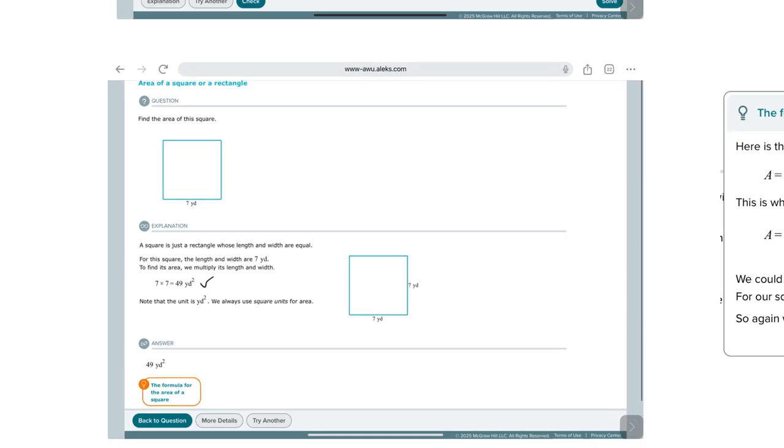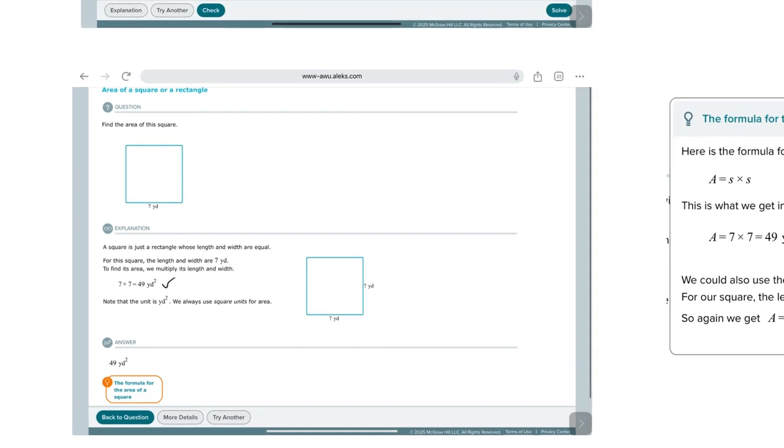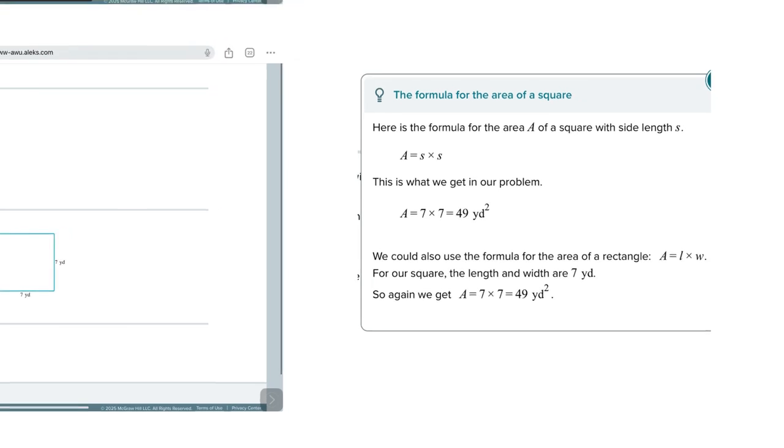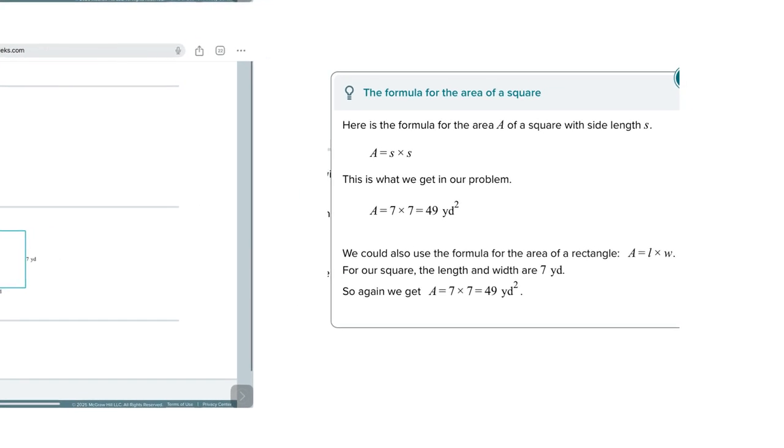And then I recommend that you always click more details or the formula. And so the formula for an area is, of a square or rectangle, they're kind of interchangeable, but for a square, your area is going to be side times side.